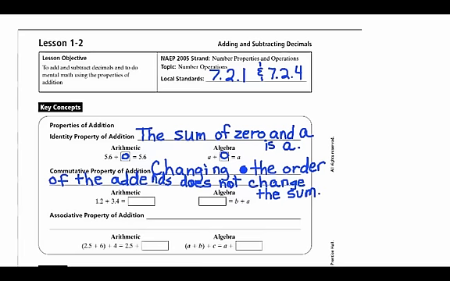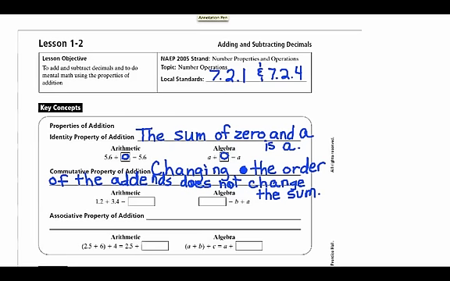So in other words, if you had 2 plus 5 or 5 plus 2, it's the same thing. 1 and 2 tenths plus 3 and 4 tenths is the same as 3 and 4 tenths plus 1 and 2 tenths. It works with variables. A plus B is exactly the same as B plus A.